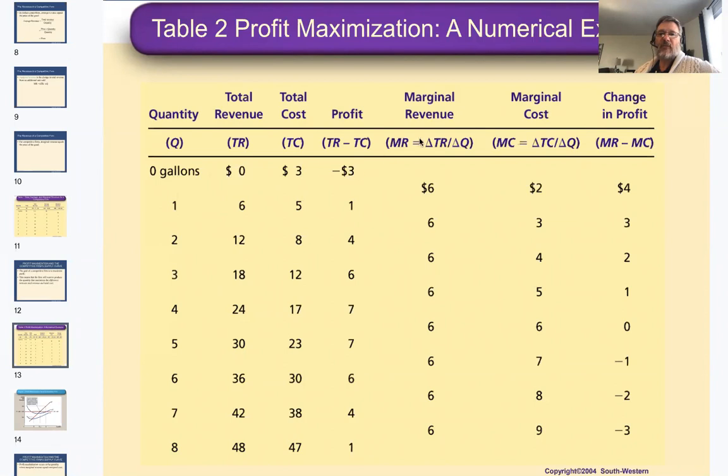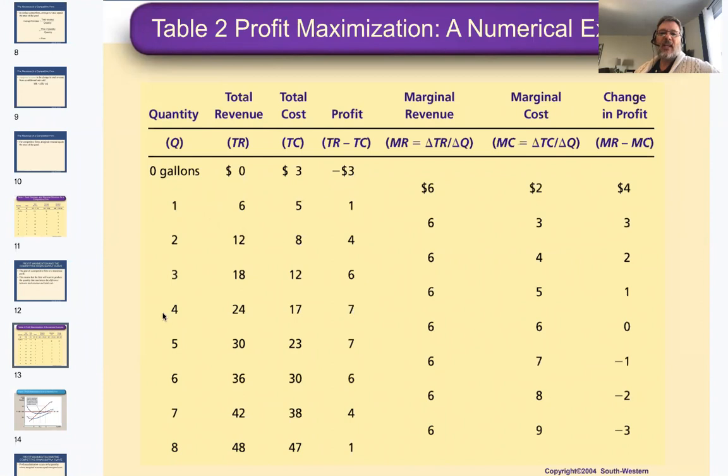Notice we still have the total revenue, and we know we're calculating that for competitive firms, so the price is going to be equal to 6, and some marginal revenue. We've dropped the average revenue column, but we have this new column, which is the total cost. And we can look at the total revenue, then subtract off the total cost and get the firm's profit for each level of output. Now remember, the firm wants to maximize profit.